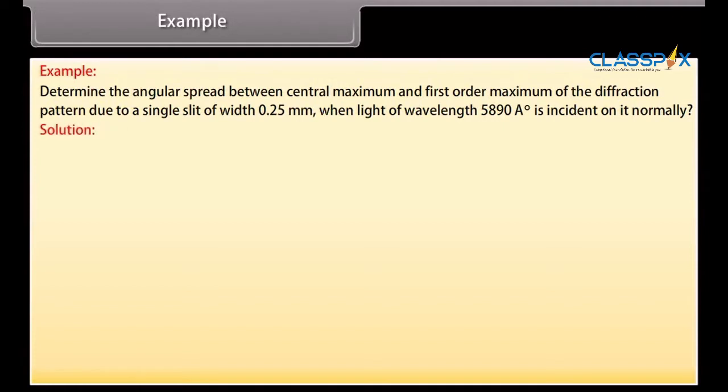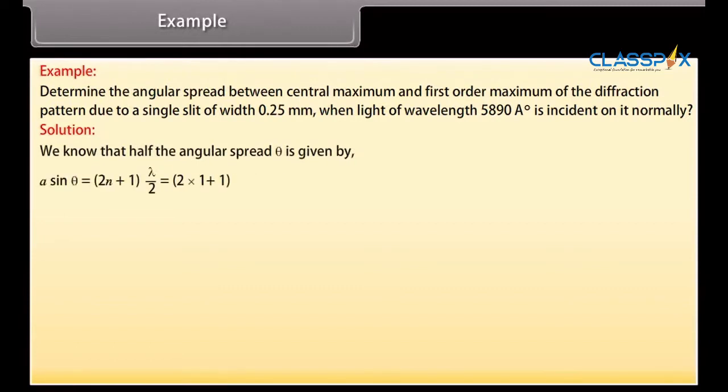Let's see the solution. We know that half the angular spread is given by a sin theta equals (2n plus 1) lambda by 2. On equating this, we get a sin theta equals 3 lambda by 2. When theta is small, then the value of sin theta is equivalent to theta.